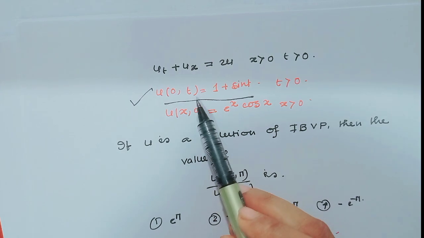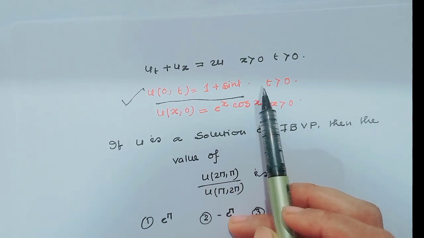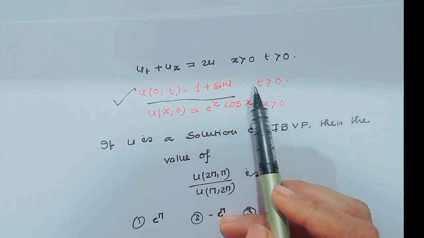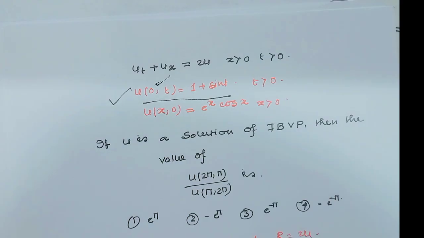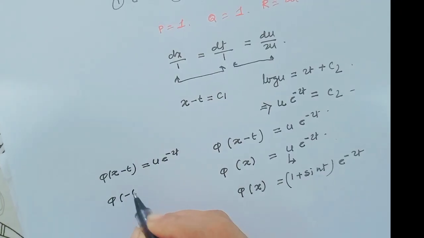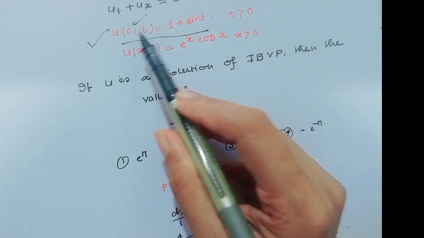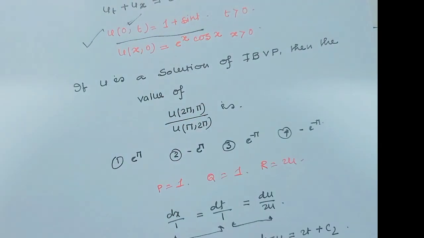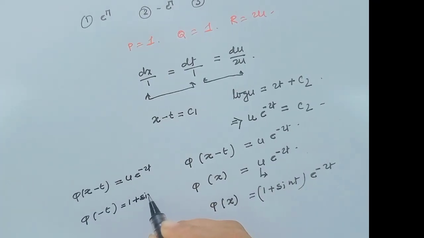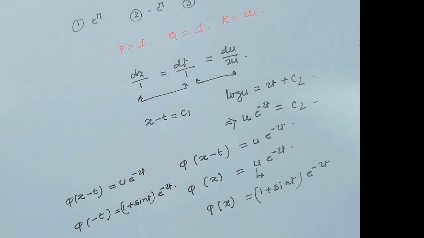Now notice the initial value problem, u(0,t) equal to 1 plus sin t. If you put x equal to 0, then that implies phi of minus t equal to, here when u(0,t), the value of u equal to 1 plus sin t, then (1 plus sin t) e to the power minus 2t.